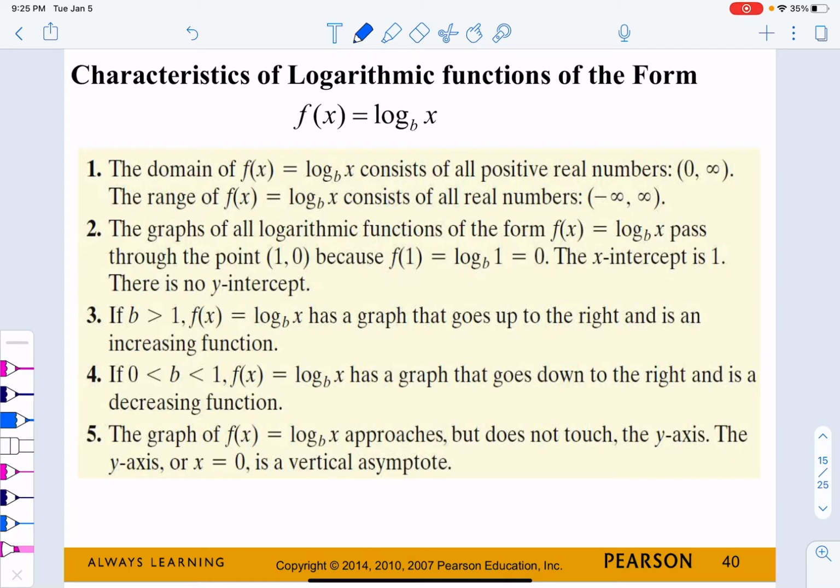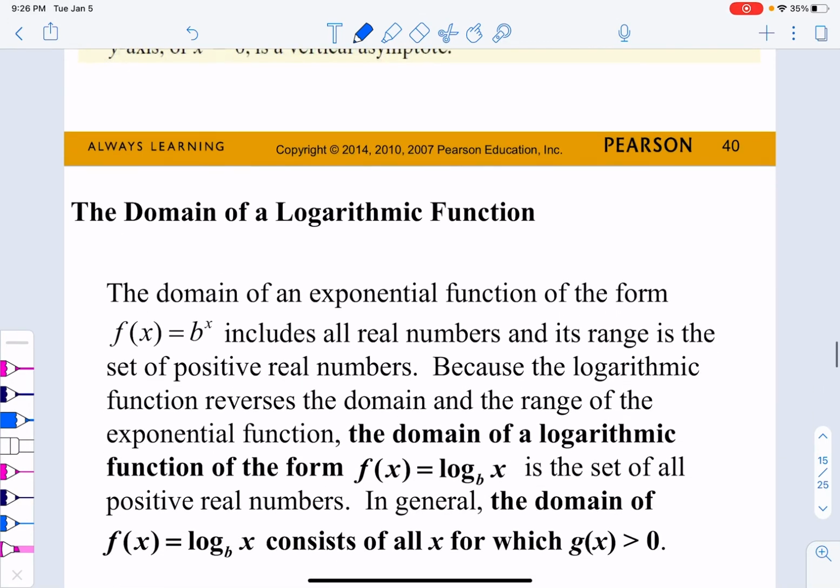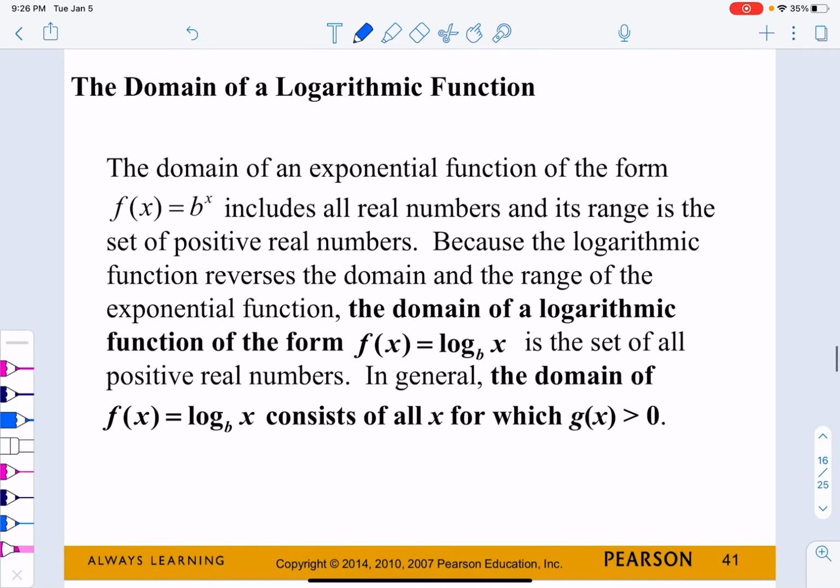And number 5 says that the graph of f of x equals log base b of x approaches but does not touch the y-axis. The y-axis, or x equals 0, is a vertical asymptote. So our exponential had the horizontal asymptote, and our logarithmic has a vertical one.